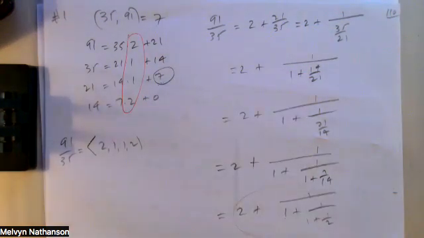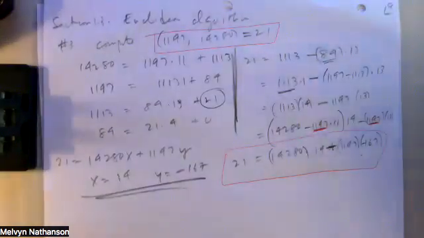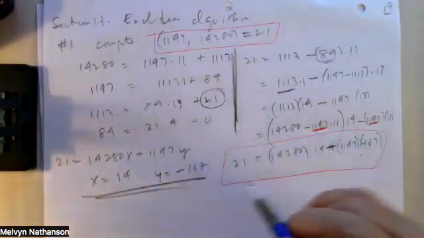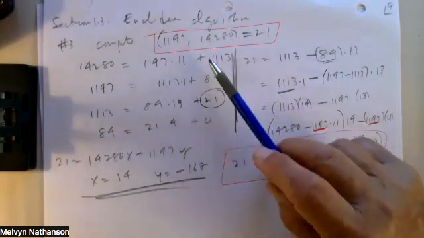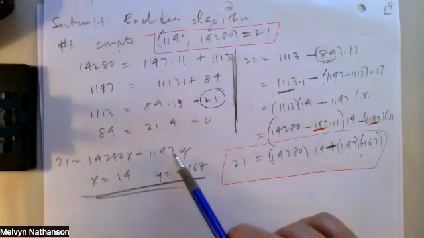Professor. Yes. For this problem and the one we did before, the questions are the same, but with different numbers, and you solved them in two different ways. Why didn't you do it the same way as this one? No. The problem I just did was a different problem. In problem 3, it was to compute the greatest common divisor and to write it as a linear combination of the two numbers.